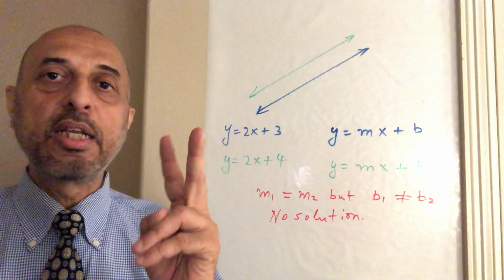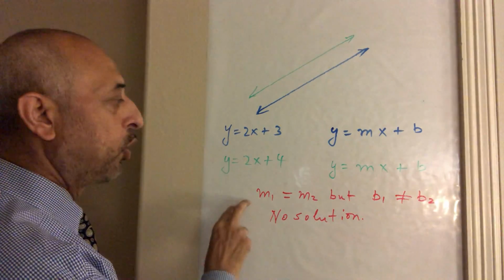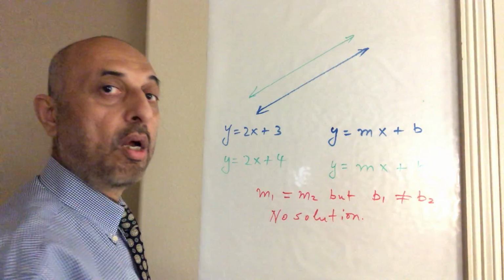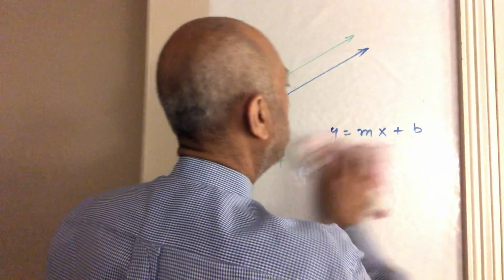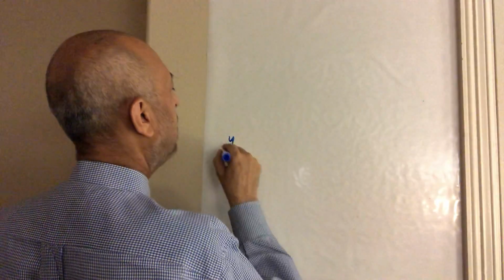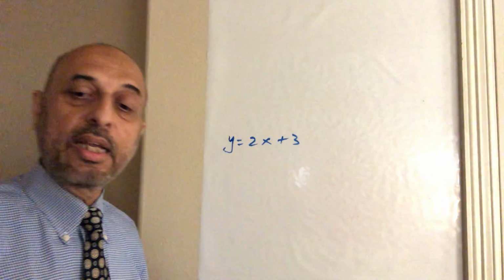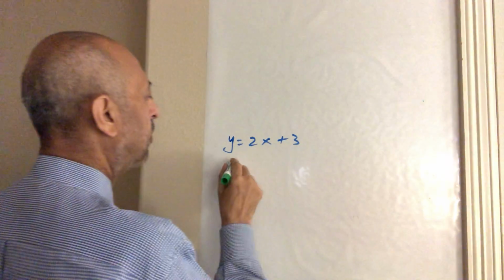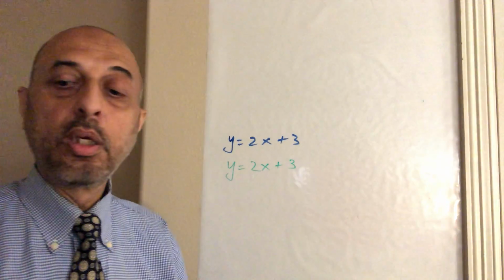That's the second situation. The third situation will be when the slopes are the same and the y-intercepts are also the same. That would mean that I have y equals 2x plus 3, and the second equation is y equals 2x plus 3 also.